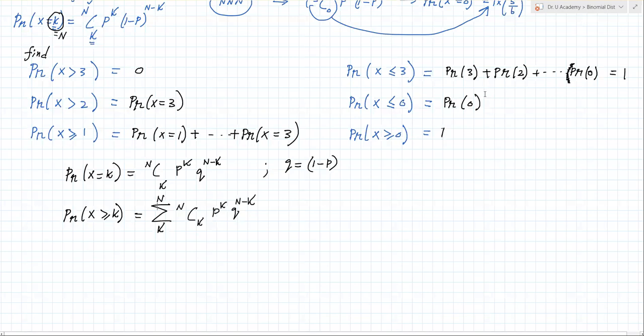Okay, so the next one, probability X greater than k, not equal, right? Not equal here. So if it is not equal, your summation should start from the next value. The last value would be n. Like that. Okay, I hope you understand that.